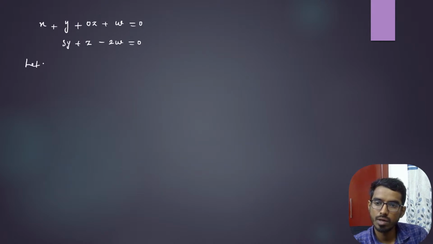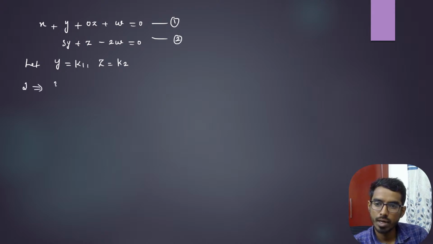Again we have two free variables. Let us take y to be equal to k1, z to be equal to k2. So we will find x, y, z, w now.